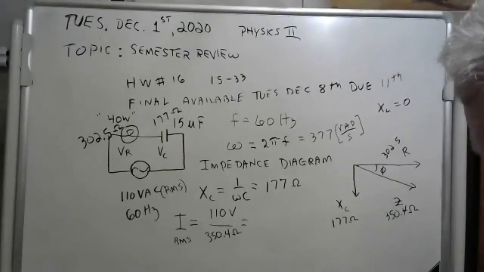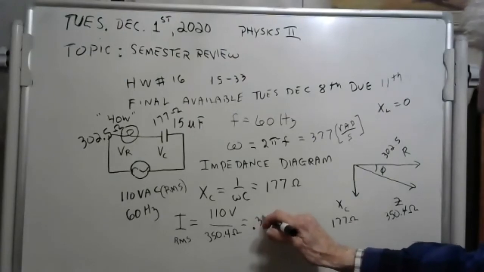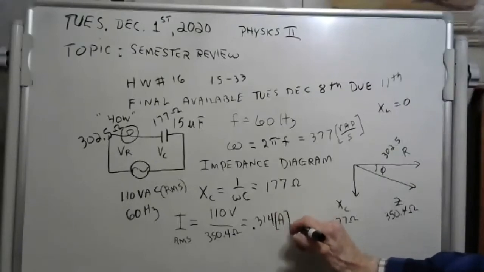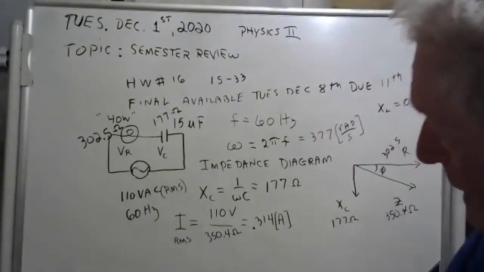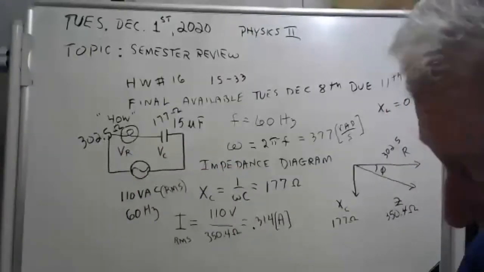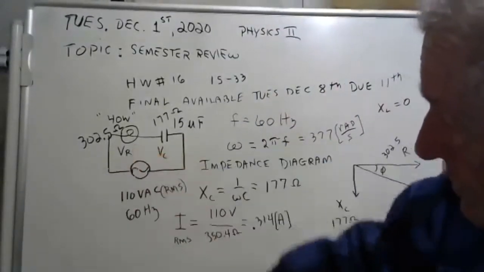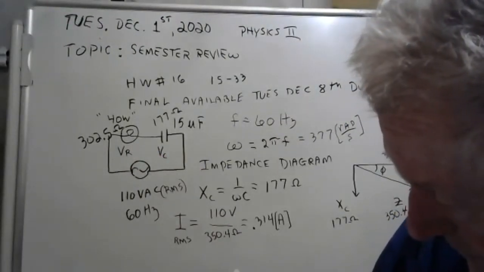Well, I got a current of 0.314 amperes, about a third of an amp. Yeah. With that, you should be able to get the two voltages. What'd you get for this voltage on this resistor, Zach? 94.98.